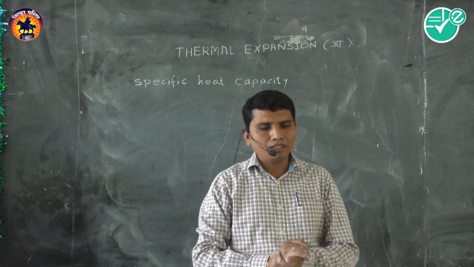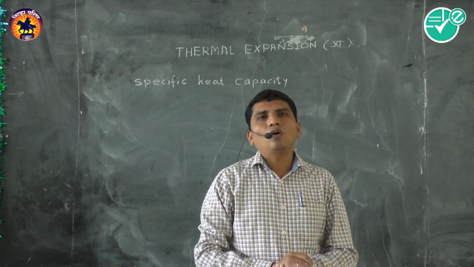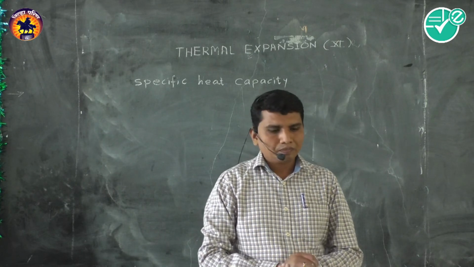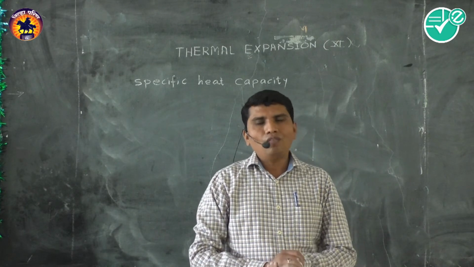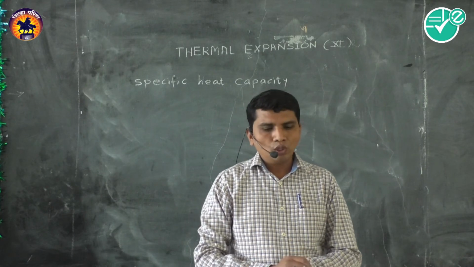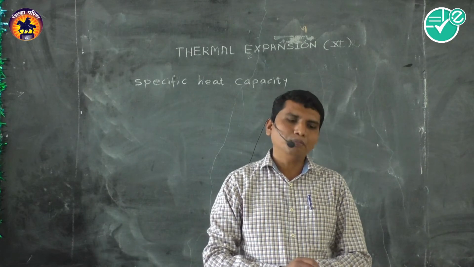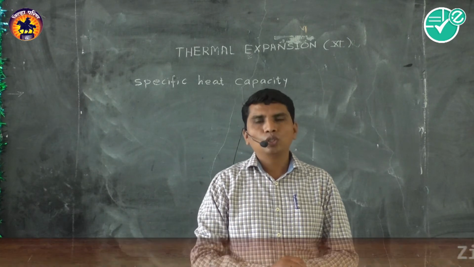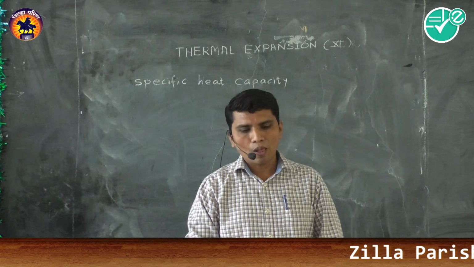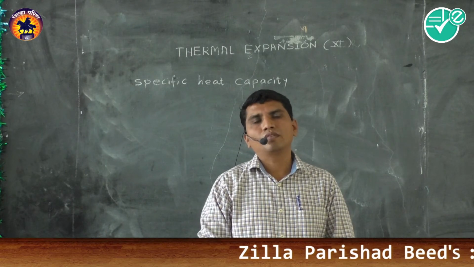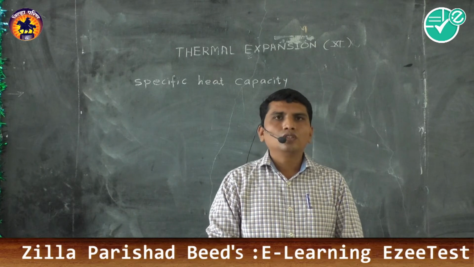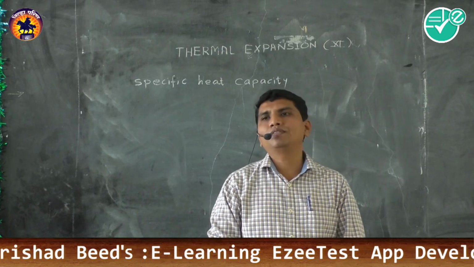The specific heat capacity of a substance is defined as the quantity of heat required to raise the temperature of unit mass of a substance through 1 degree Celsius or 1 Kelvin. That is the specific heat capacity of a substance.